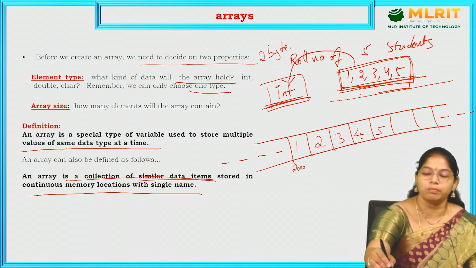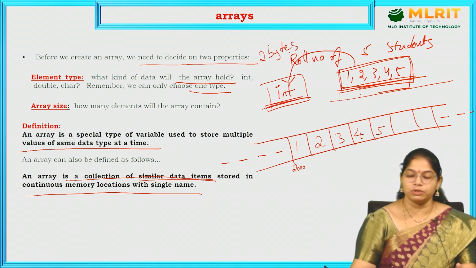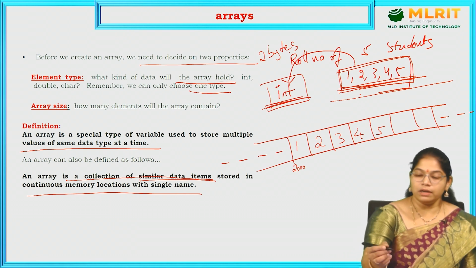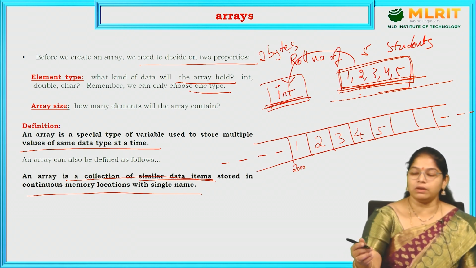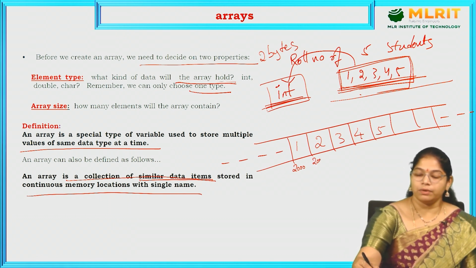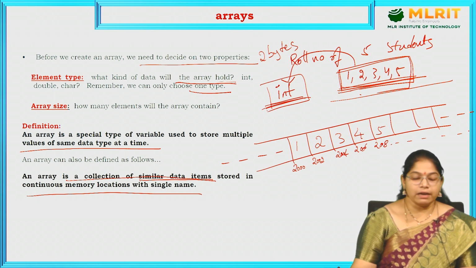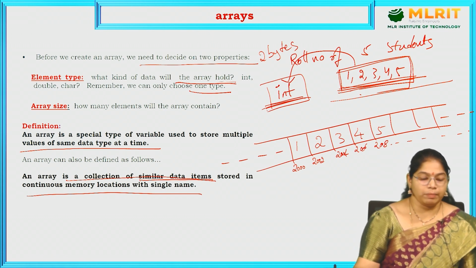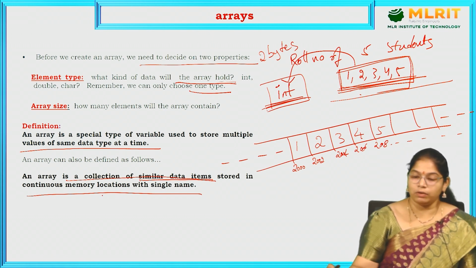It may be 2 bytes or 4 bytes depending on the operating system we are using. Here I consider 2 bytes. Then the next locations will be 2002, 2004, 2006, 2008. In that way, the data items are stored in continuous memory locations.